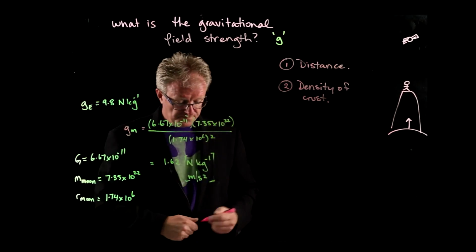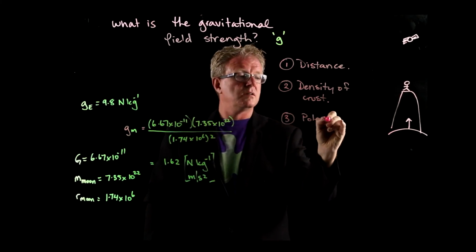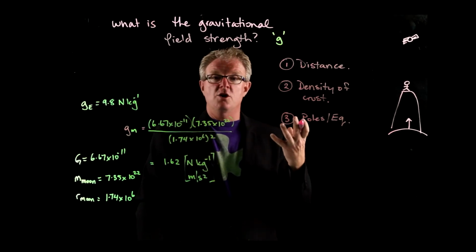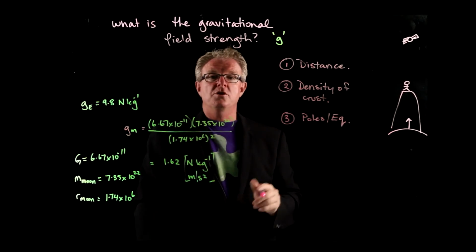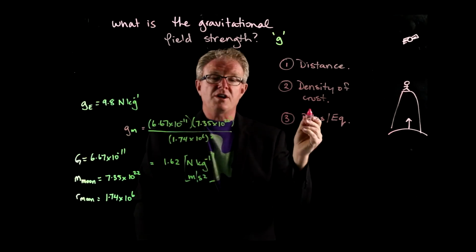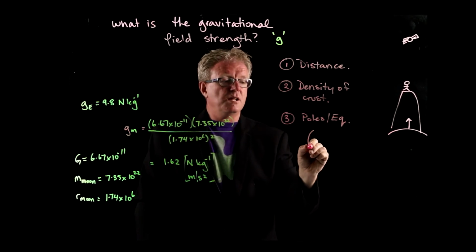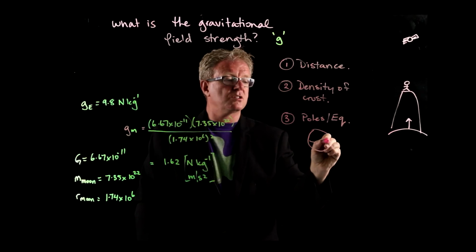Another reason is the shape of the Earth, so the poles and the equator. The shape of the Earth is not a perfect sphere. It is slightly bulged across the equator.